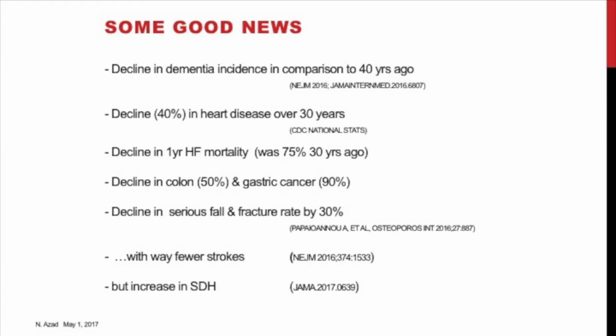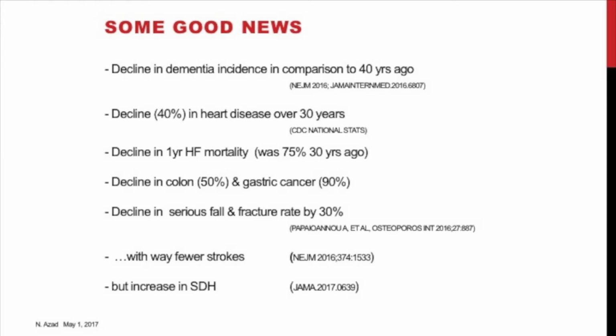Serious falls and fracture rates are coming down. And again, these are new data, but that means we are doing something right, that those interventions at the population level, management of falls, risk reduction, osteoporosis, do work. There are fewer strokes.